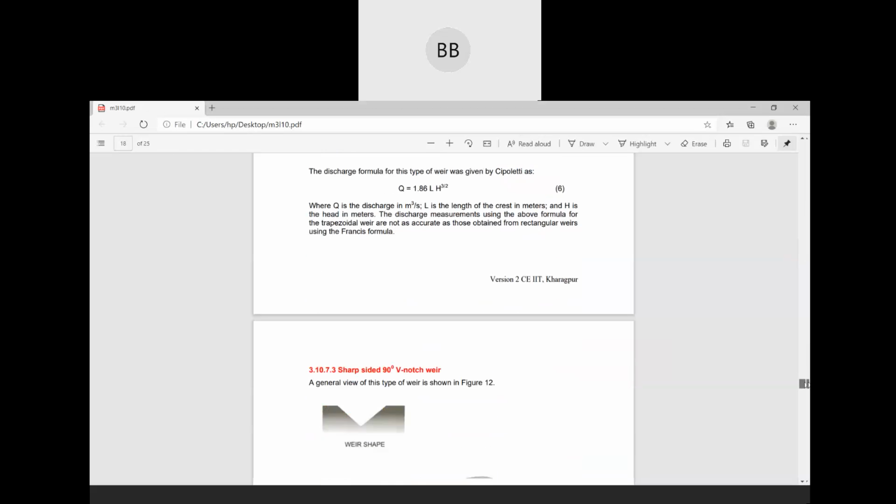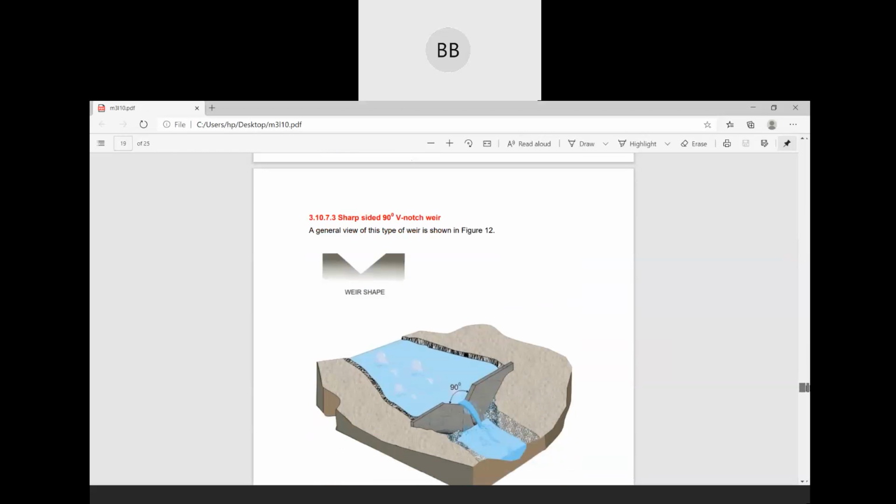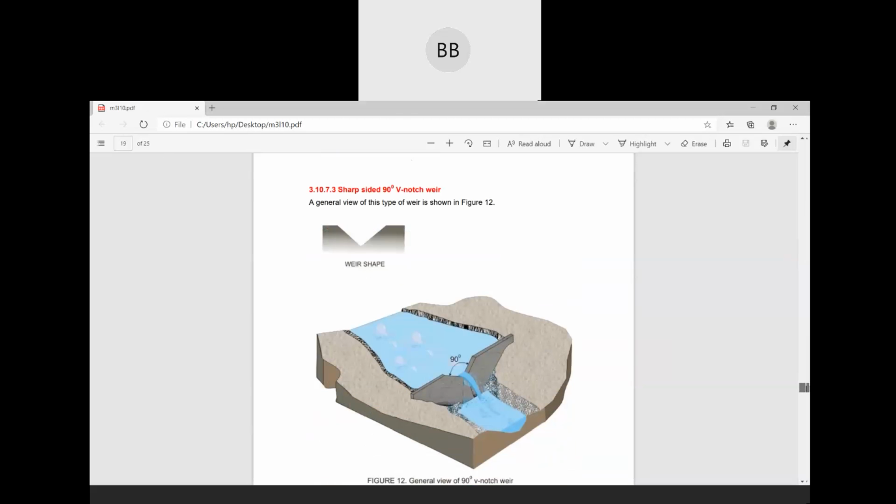Okay, so we move on to the next. Now it's a triangular shape, or you can say V notch weir. Next one is also sharp crested only. We have V notches: the first one is rectangular, second is trapezoidal, third one is triangular, or you can say V notch, same thing.